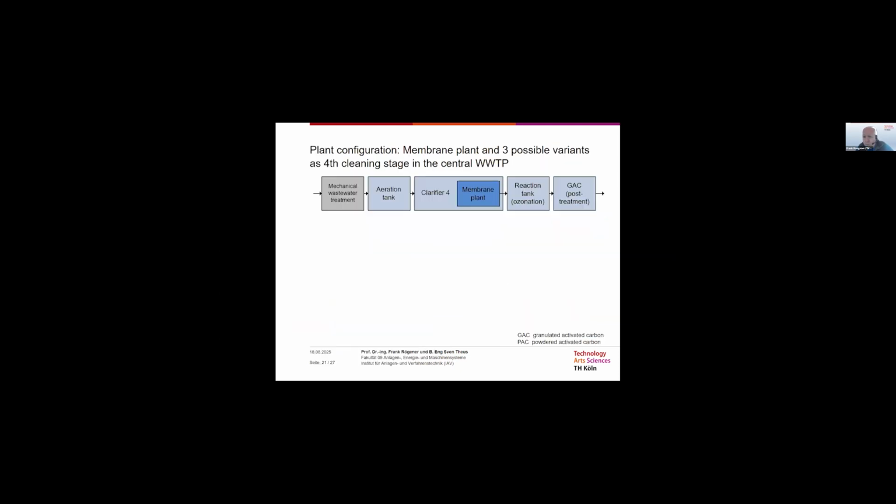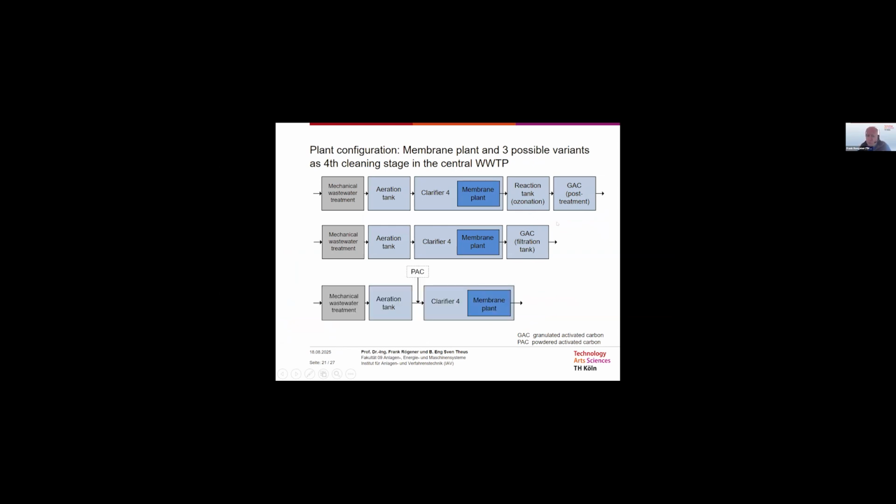Well, how could it look? There are several options for the fourth treatment stage. One includes, after the membrane plant, a reaction tank for ozonation and then granulated activated carbon as post-treatment, or granulated activated carbon addition only, without any ozonation.